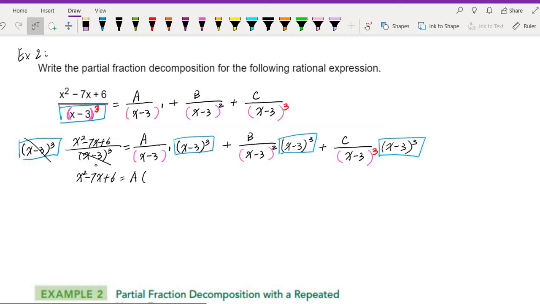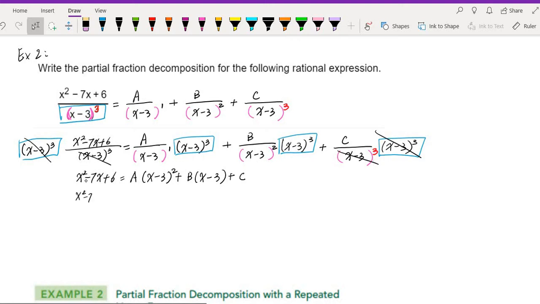So that will be A times x minus 3 to the second power, and then plus B times the denominator, if you are not used to it, x minus 3 to the second power, multiplied against the whole thing to the third power, that leaves x minus 3. And then the third term has a C, which will be completely canceled out, so we're just going to plus C.